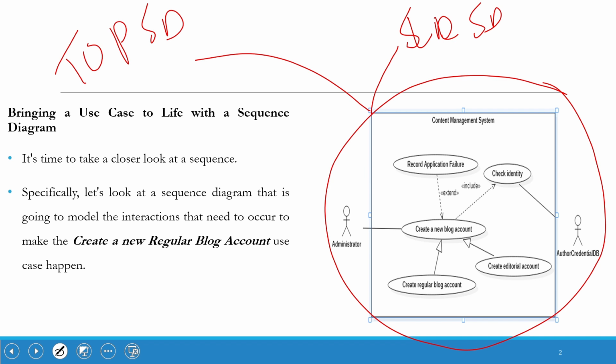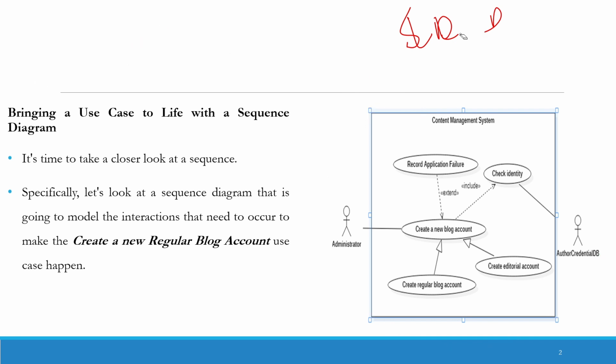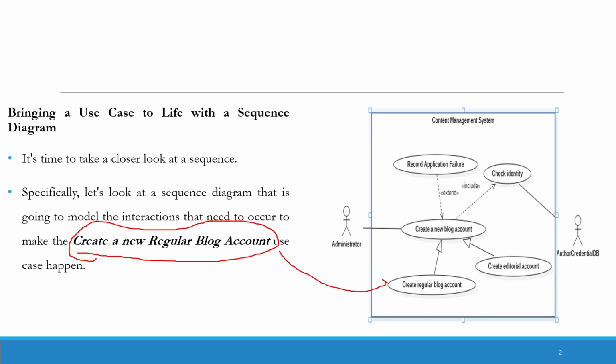So specifically, let's look at the sequence diagram that is going to model the interaction that needs to occur to make the create new regular blog account use case. So we are going to draw the sequence diagram for this use case. What kind of use case do we have here? It is create new regular account.